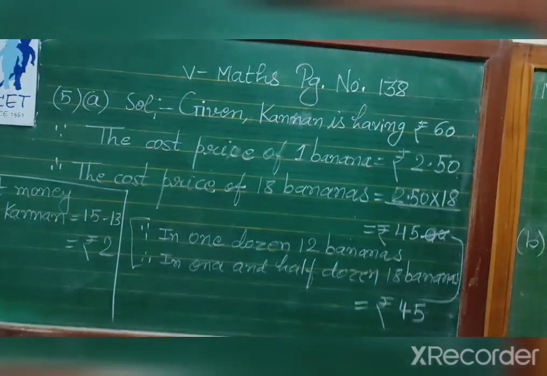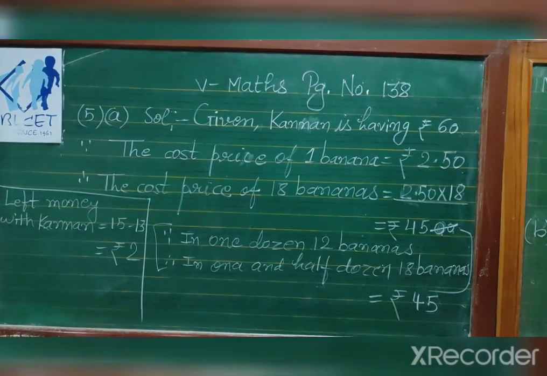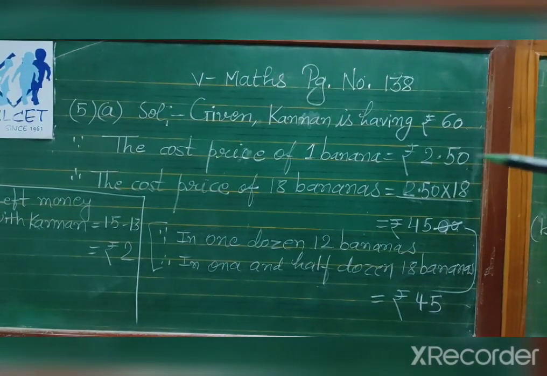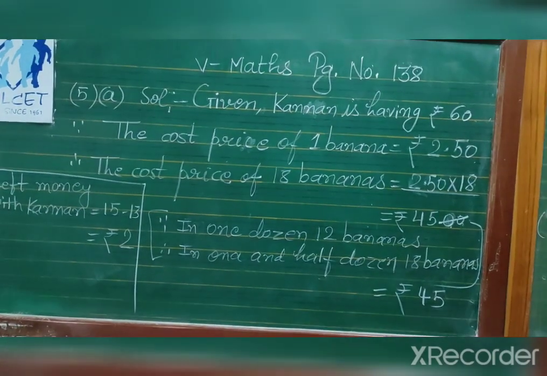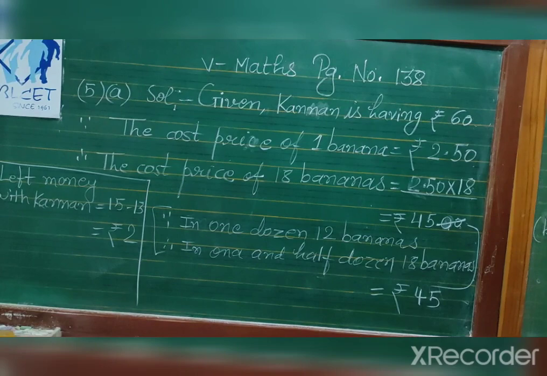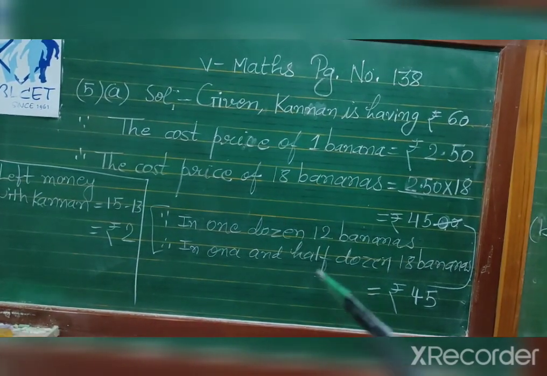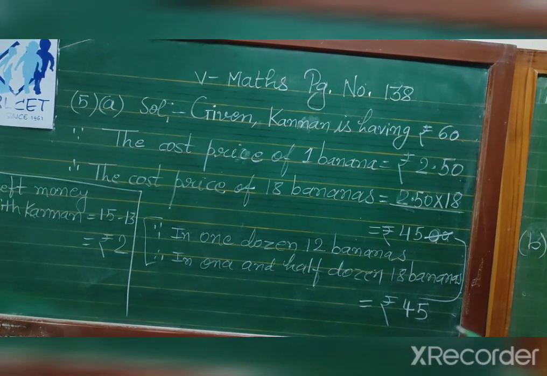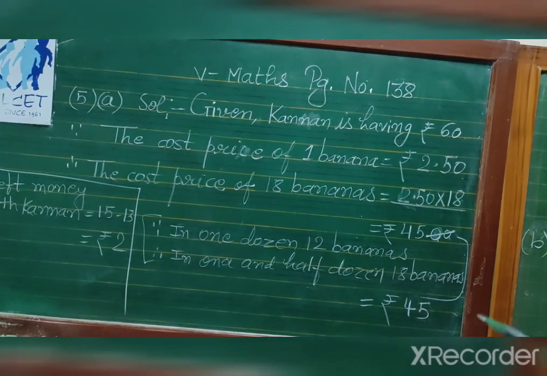So let us start. Given: Kannan is having rupees 60, the cost price of one banana is rupees 2.50, that means 2.5 rupees. Then the cost price of 18 bananas, 1.5 dozen bananas: in 1 dozen there are 12 bananas, so in 1.5 dozen, 12 plus 6, 18 bananas.